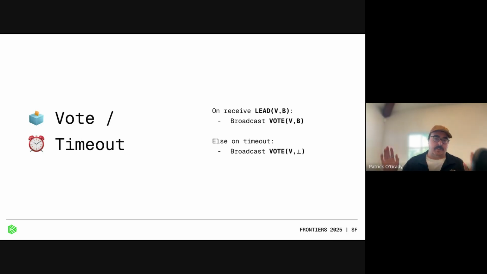When you receive the leader's broadcast, you'll broadcast your vote, assuming you haven't seen anything else first. And if you haven't seen anything by the timeout, the 2 delta you set, you vote timeout. That part's pretty similar to Simplex. We make some tweaks.